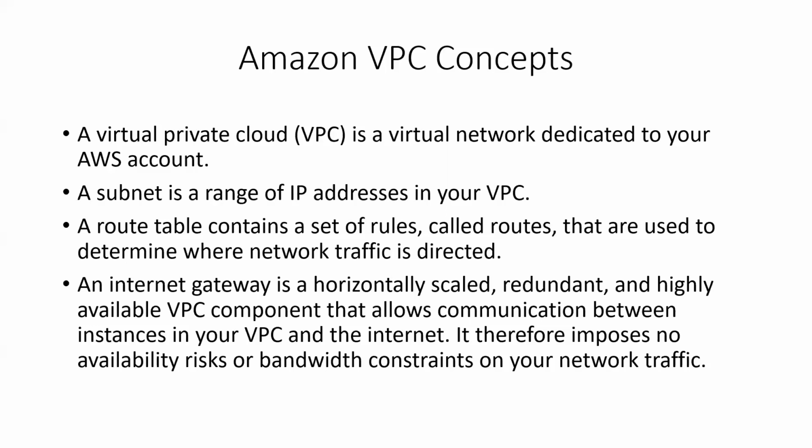Even if you have 10,000 servers trying to connect to the internet, or outside people trying to come in, Amazon will automatically scale it. You don't have to worry about the internet gateway. It's horizontally scaled and they will take care of it. So it imposes no availability risks or bandwidth constraints on your network traffic. You don't have to worry about it. So any questions so far?